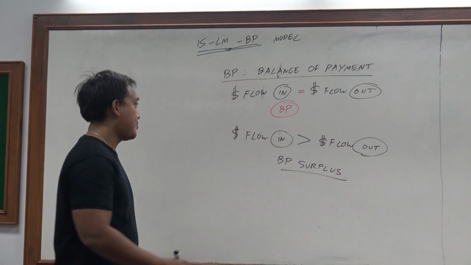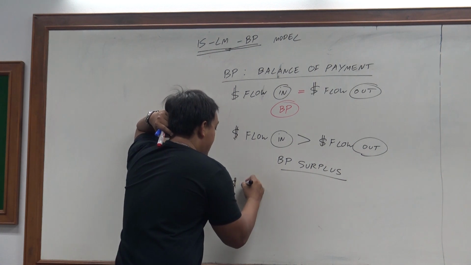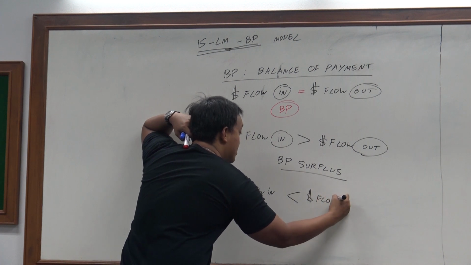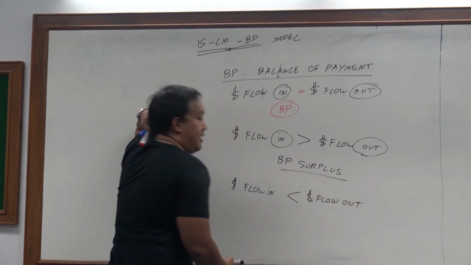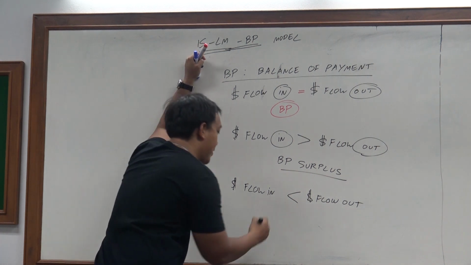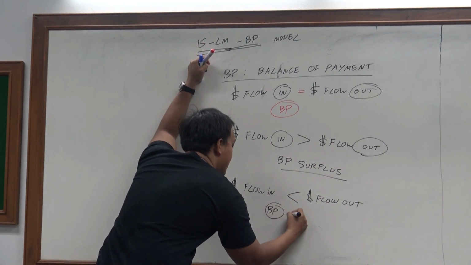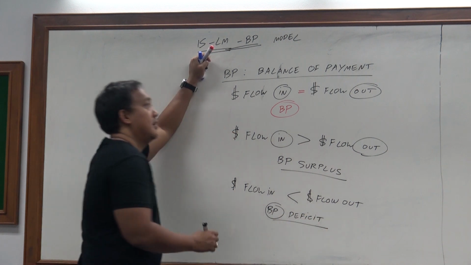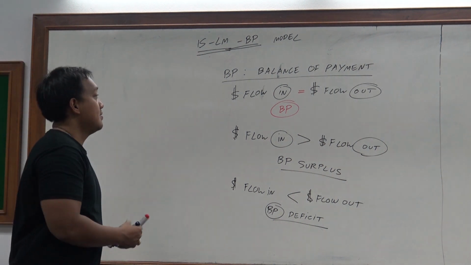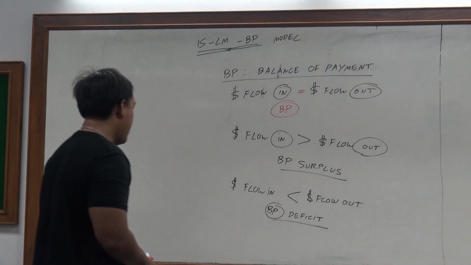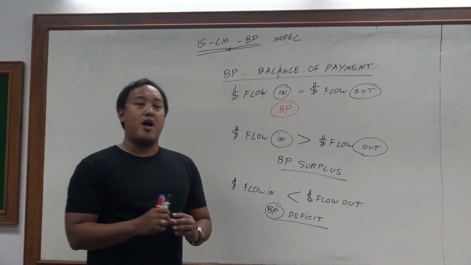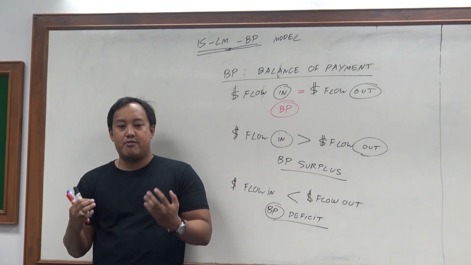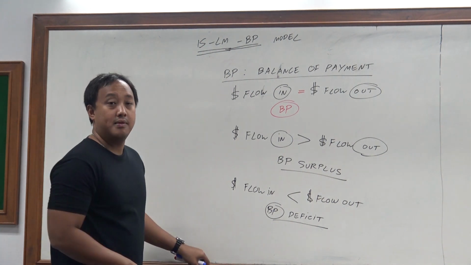If the money that flows in is less than the money that flows out, the money flows out more than the money that flows in, it means that the balance of payment of your country becomes deficit. So how do we capture the level of money that flows in and out of your country? Where does it come from? Let's see.